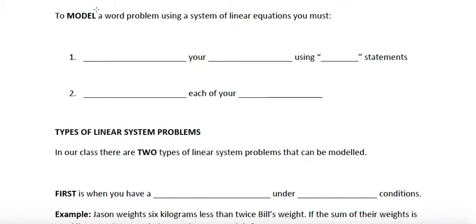We first have to define our variables. So sometimes the equations aren't going to be given to you, like they were in example 1 and 2, or even the graphs might not be given to you. So you're going to have to do your own graphing and your own interpretation of those equations. So in order to create your own system of linear equations, you must first define your variables.